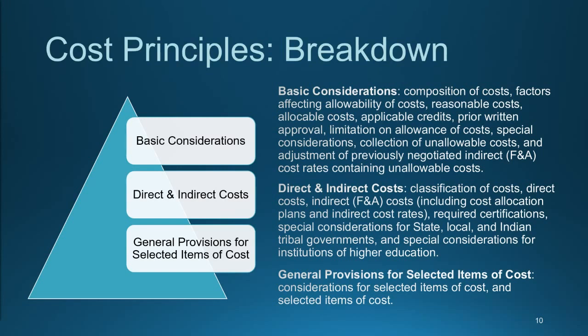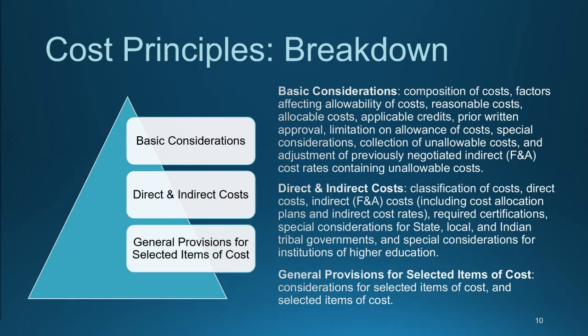But we are going to touch on factors affecting allowability of costs, reasonable costs, allocable costs, applicable credits, and written approval. Then under direct and indirect costs, we're going to cover direct and indirect costs and how that relates to cost allocation and indirect cost rates. And then for the general provisions, we're going to talk about some pieces to keep in mind as you're looking through and referring to the individual cost items that the UG and UGMs do address.